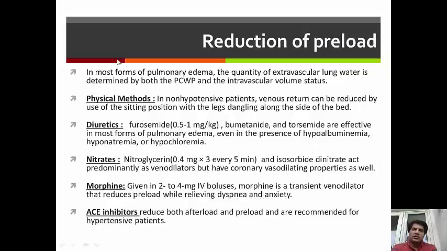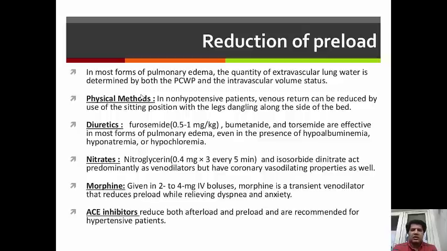And then I already discussed decreasing preload. We can decrease the pressure by diuretics, nitrates; morphine is rarely used now, but it was very common. Other things you can do: make the patient sit in an upright position and tell him to keep his legs dangling on the side of the bed, so the fluid will go to the legs, up to 0.5 liters. These are methods which work very well in pulmonary edema caused by pressure difference, that is, the cardiogenic one.